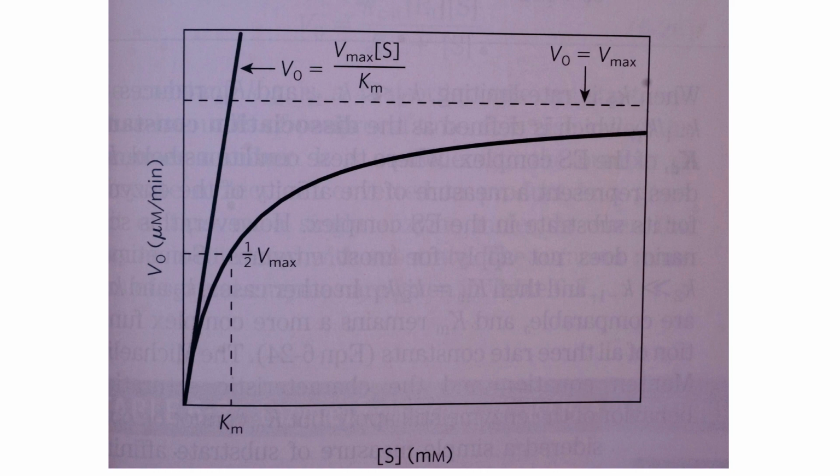If you had an infinite amount of velocity of transference without any kind of limitation, we could extrapolate that V naught is equivalent to Vmax times the substrate concentration over Km. At the case where V naught equals Vmax, we can get Km equal to S at this point.